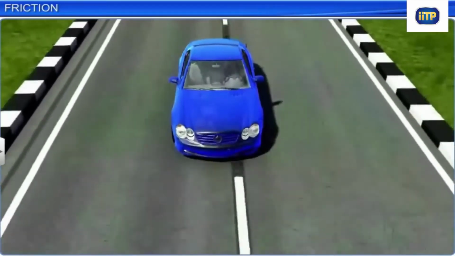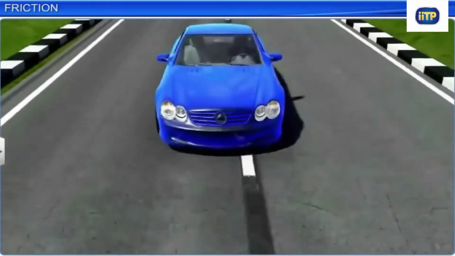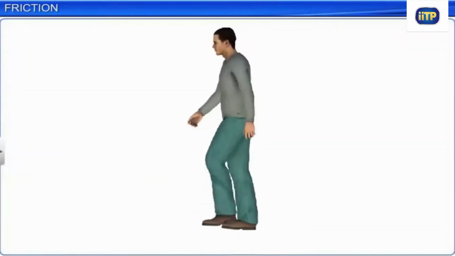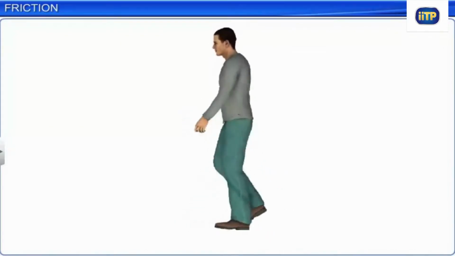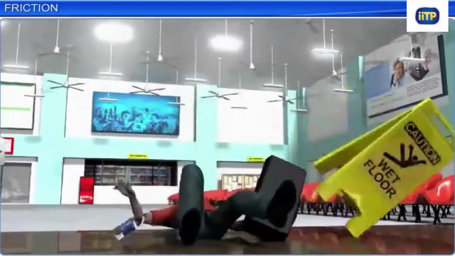Because of this friction, the automobile is able to move forward or stop when brakes are applied. We are able to walk only because of the friction between our feet and the ground. We would fall if we try to walk on a slippery surface.